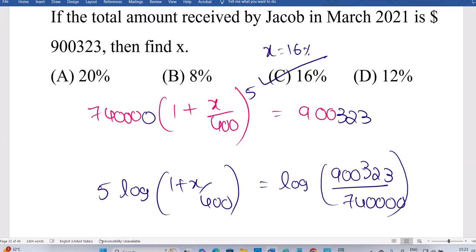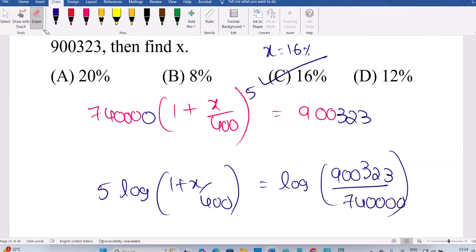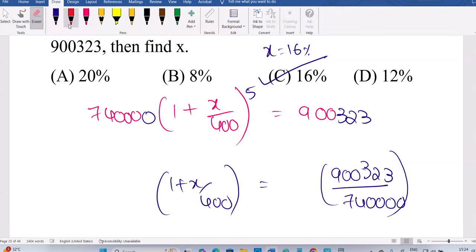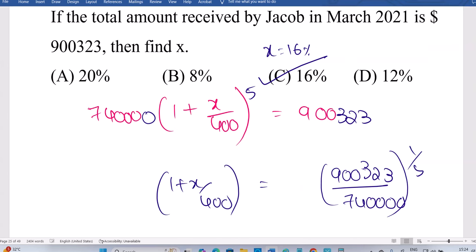Log is not required if you have a calculator which can calculate fifth root, whole power 1 by 5. If you can find it, then from 1 plus x by 400, you can get that x value. This is the equation point of view. I told you, you can manage this question using a calculator by doing trial and error. Take some value and check whether it is producing that or not.